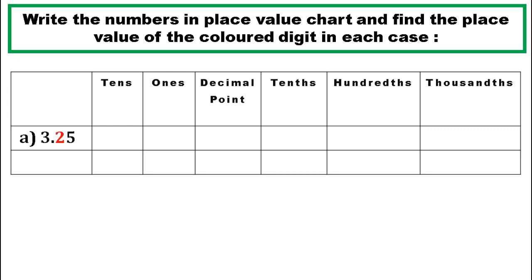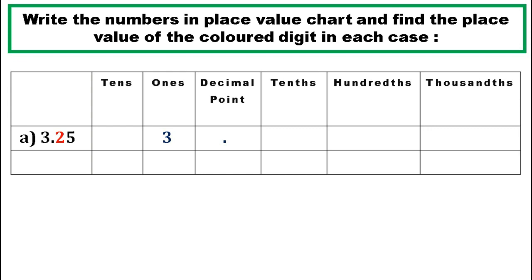Let us now look at the first number, which is 3.25. So let's first place the digits under the correct columns. We write 3 in the ones place, then we put a decimal point in the next column.